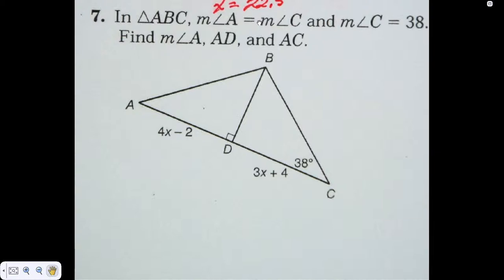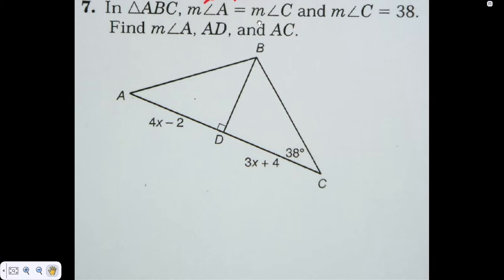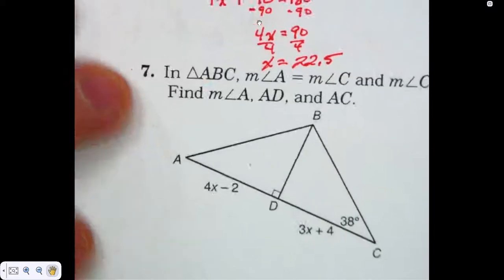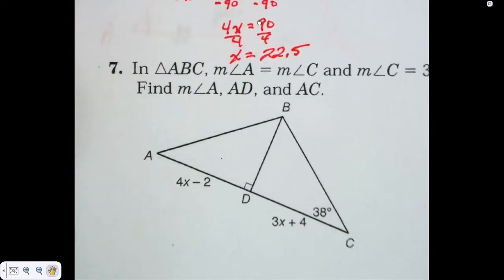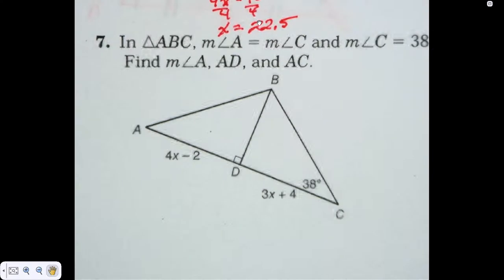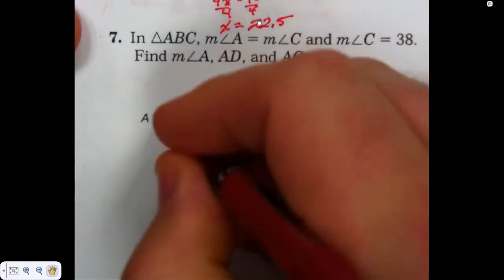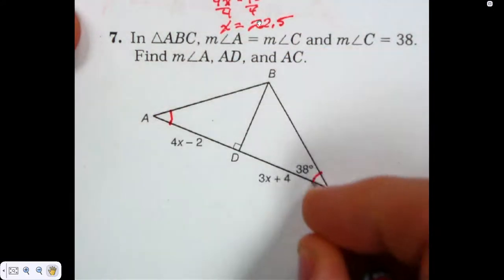Do number 7 now. We ready? Sure? Got to be writing everything down about these. Now, on this one, it says in triangle ABC, measure of angle A is equal to the measure of angle C. So this is congruent to what?